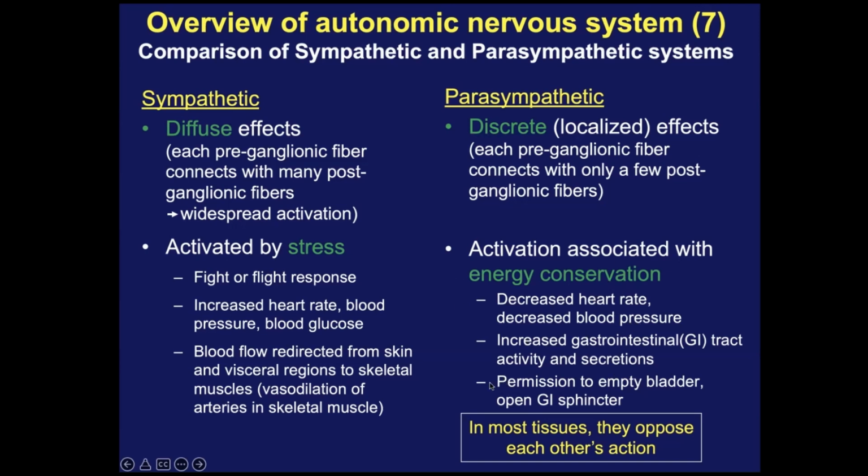This system also gives permission to empty the bladder, and also the permission to open the GI tract sphincters. In most of the tissues, these two systems oppose each other's actions.